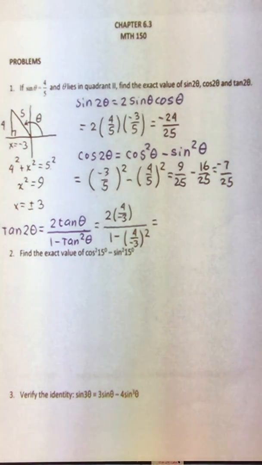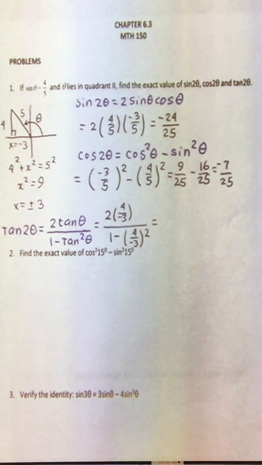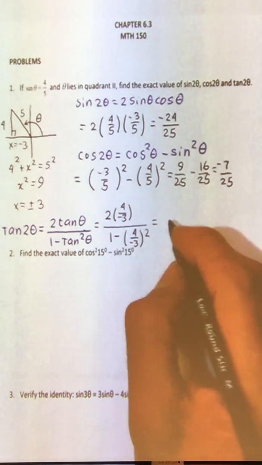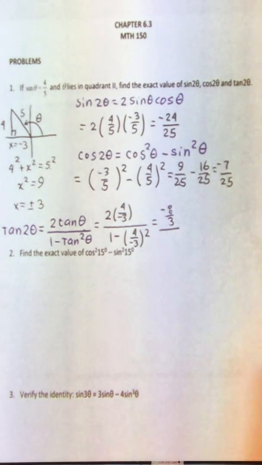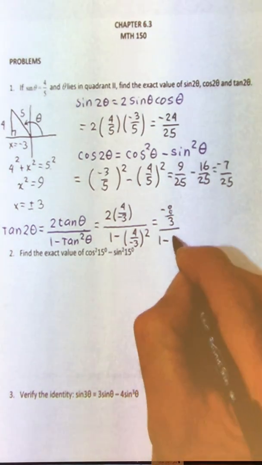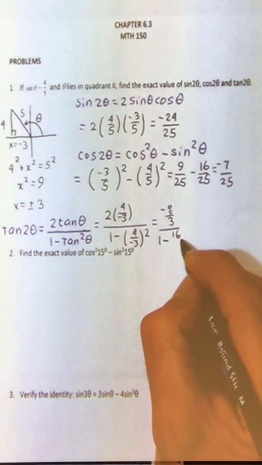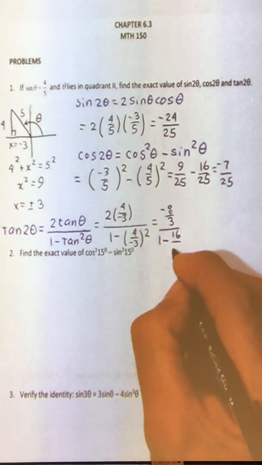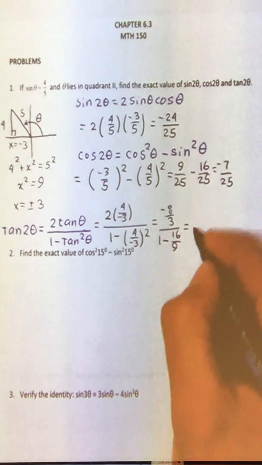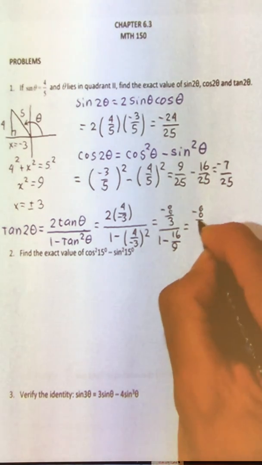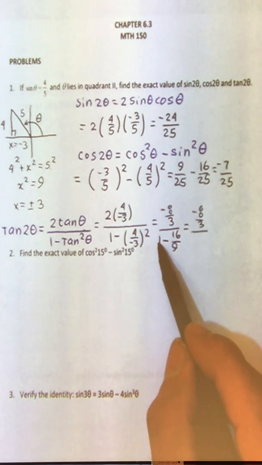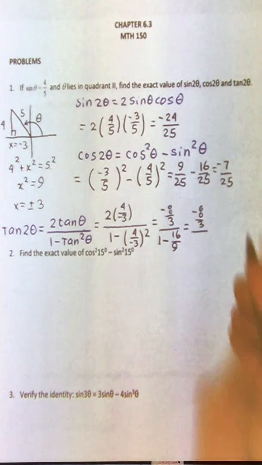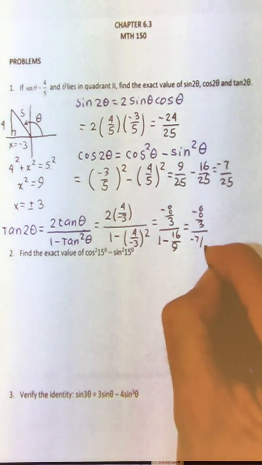So performing the arithmetic in the numerator, we'll have -8 divided by 3, and in the bottom we have 1 minus 4 squared is 16, and -3 squared is 9. So that's -8/3 divided by, common denominator here, 9/9 minus 16/9 will give us -7/9.